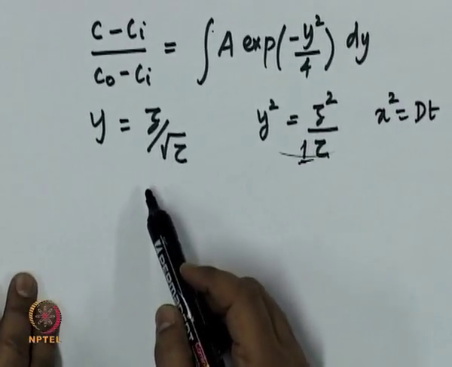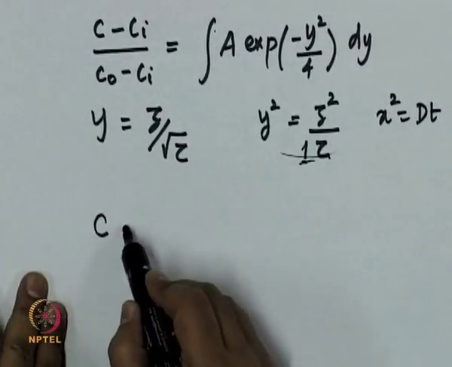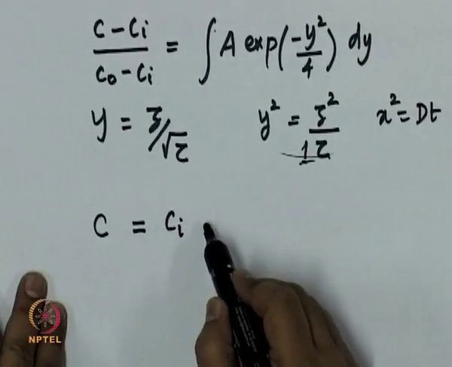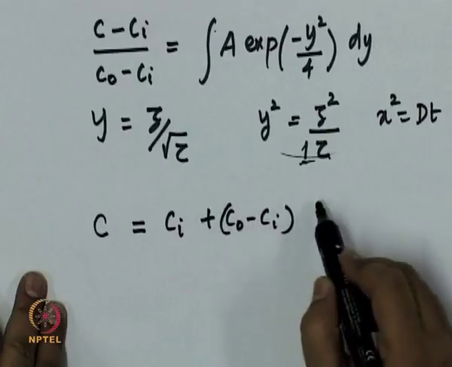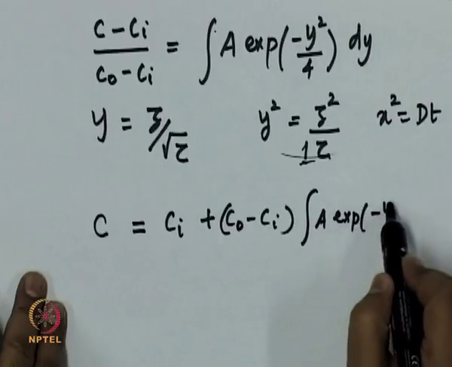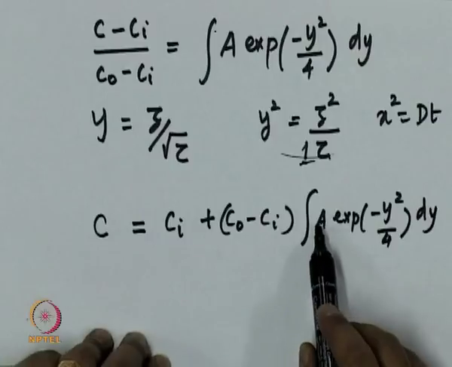Sometimes, for example, if you look at a textbook like Porter and Easterling, this solution is what is written. It says C is equal to C I plus C 0 minus C I and this A exponential minus y squared by 4 dy. This A has to be determined.